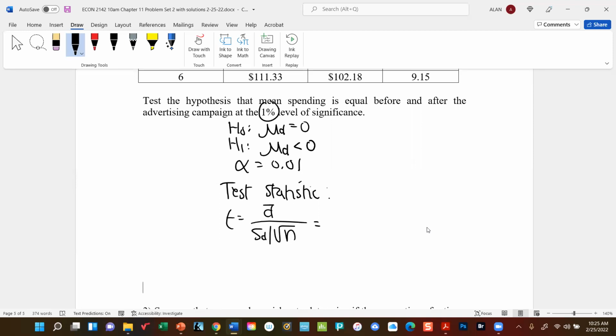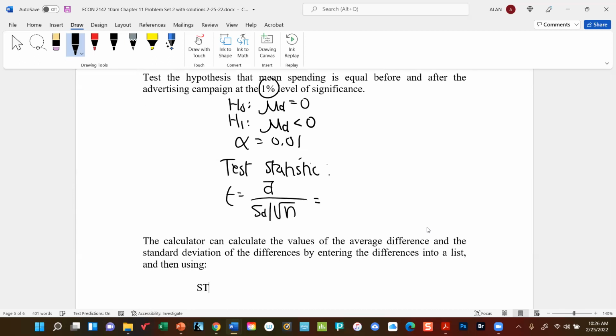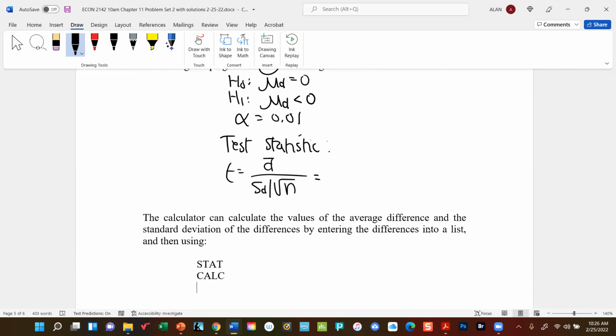So the calculator can calculate the values of the average difference and the standard deviation of the differences by entering the data, the differences that is, into a list and then using stat calc. So we hit stat calc.